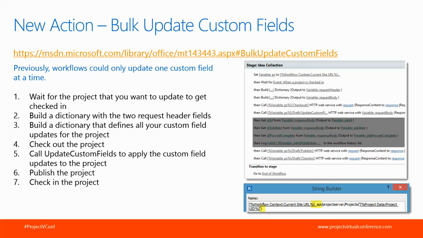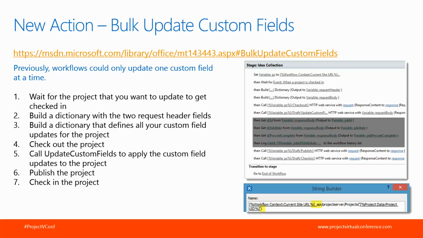You're going to build a second dictionary that defines all the fields you want to update for the project. Then you're going to check out the project. You're going to call this HTTP update custom fields method. It's going to pass the header and the two dictionaries that you defined. Once that finishes, you want to publish the project so the information is visible and check it in so other users can check it out.